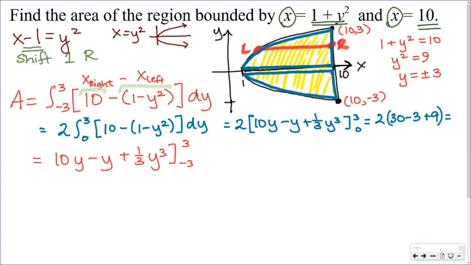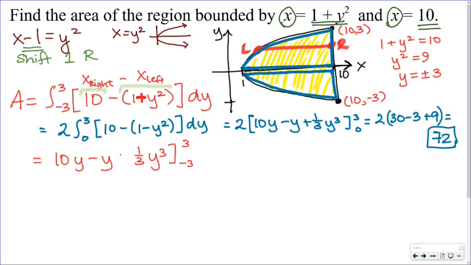Okay, so moving on here. Oh, actually, it looks like I made a little mistake here. Let's go back and fix this. Right at the beginning, this should have been an x plus y squared, which would make this minus and minus. Let's go back and fix all of these.